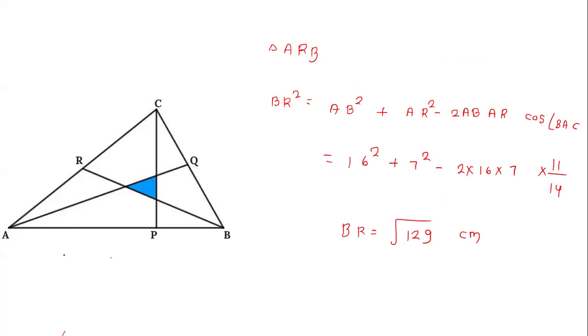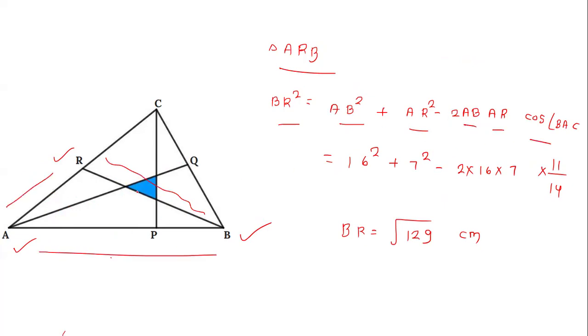Now you consider the triangle ARB. So this is A, this is R, this is B. So from the cosine rule, you can write BR square is equal to AB square plus AR square minus 2 times AB AR and cos of this angle. So this is cosine rule. AB we know is 16, so this will become 16 square, and in the problem it is given that AR is equal to RC, and we know this whole length is 14.